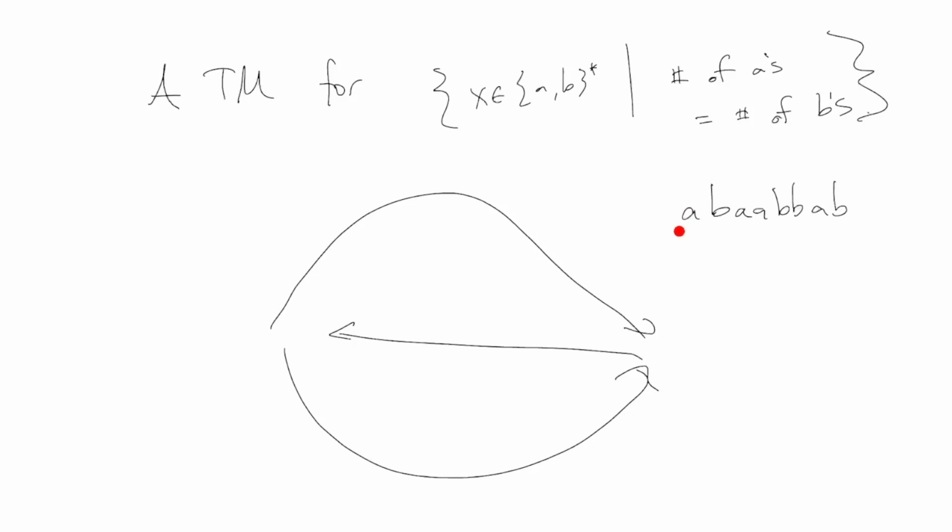So you want to mark an A and then match it up by marking a B, and then go mark another A, match it by marking another B, etc. So it's very similar to the one that we just did, only you have two branches based on whether the first letter was an A or a B. If you see a B first, then you should find an A to mark with it. See what you think.